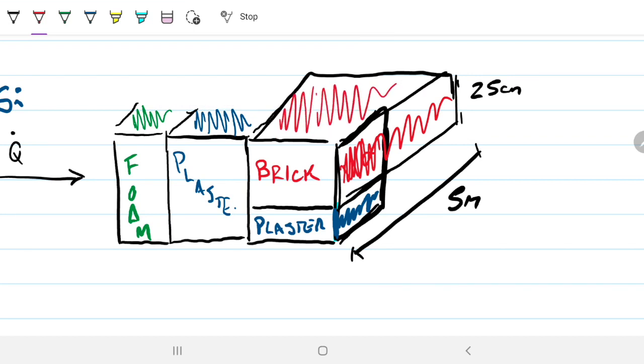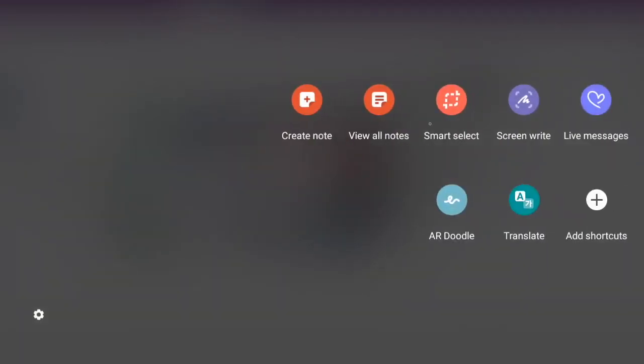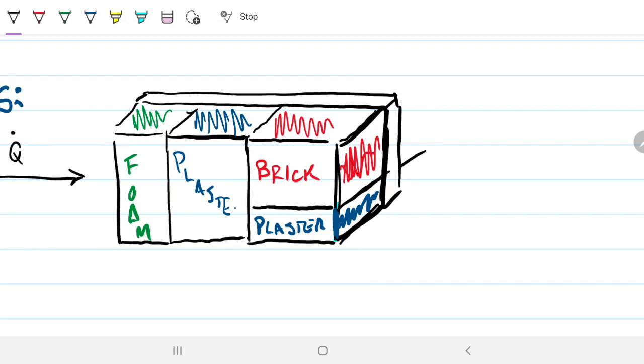We're considering only one dimension. Because if we were dealing with a real wall, we would have to consider that probably there's going to be a little gap here, and then I'm not sure if the gap is going to be plaster or whatever that is, and then we're going to have the brick again, like that, and then have the plaster again like that.